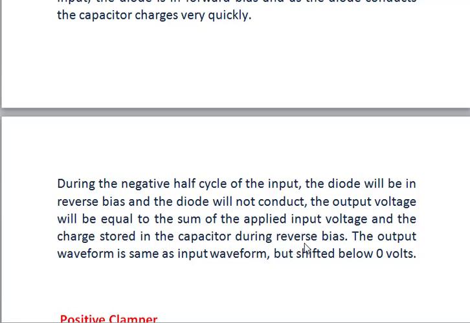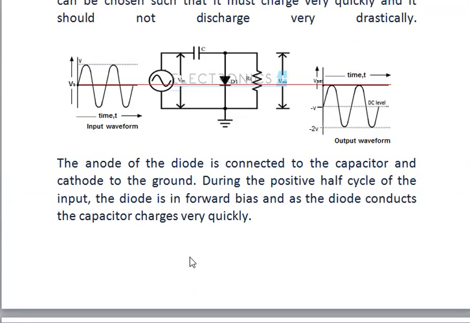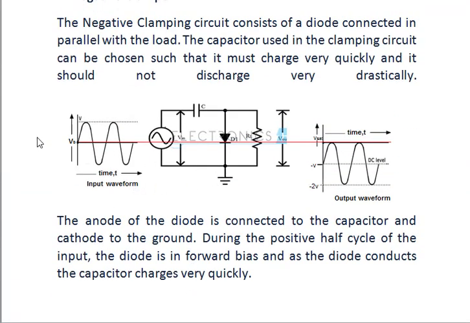during reverse bias. So the output waveform is the same as the input waveform, but shifted below 0 volts. See here, it is the 0 level. Initially, the waveform was here. After entering the capacitor, it charges up and then it adds with the voltage.